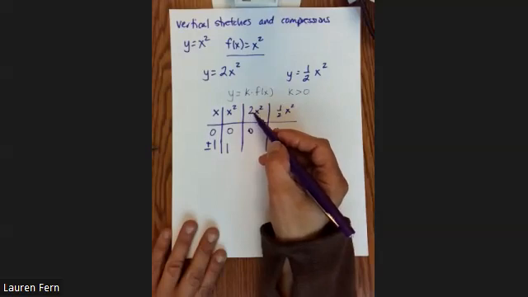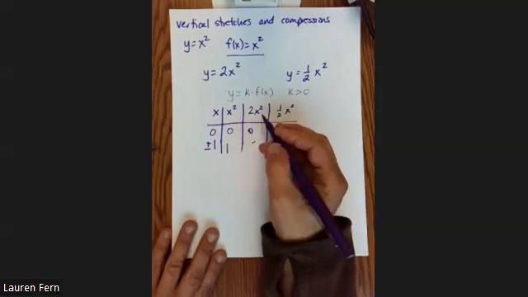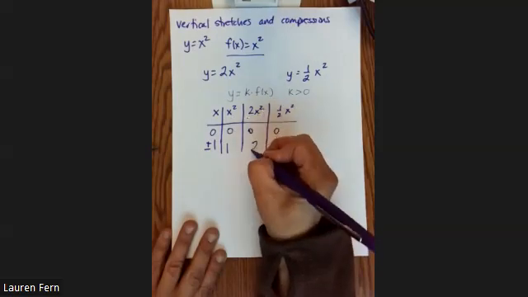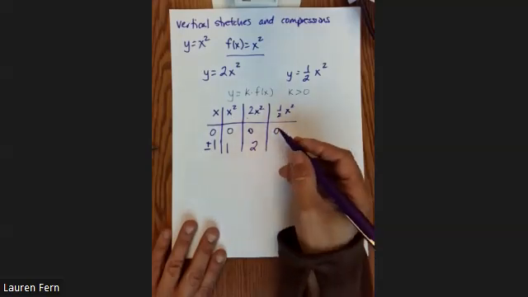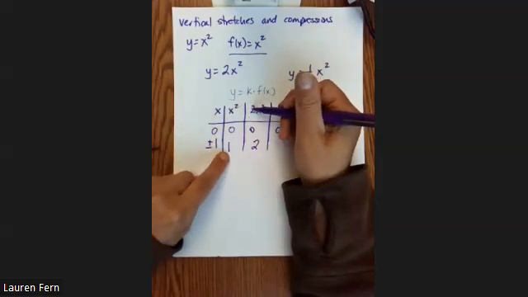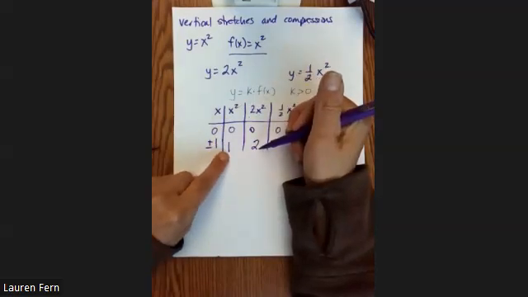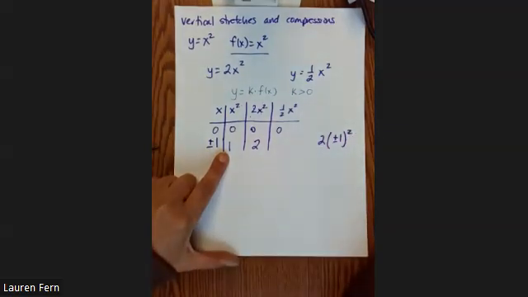Now what we're doing is taking 2 times that x squared value. So what do we get here? Okay, well, it's 2 times 1 squared, or 2. Notice here's my x squared value. We're just taking it and multiplying it by 2, right? 2 times positive or negative 1 squared.